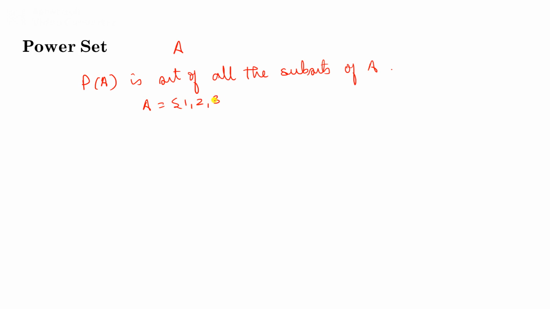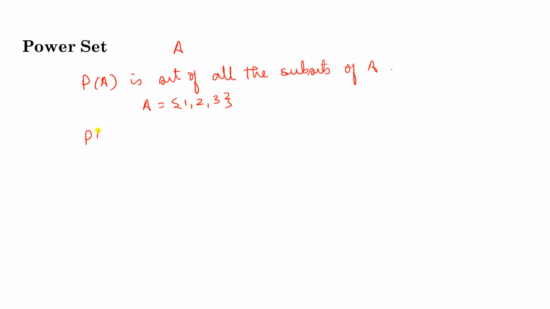Now power set. Suppose we have a set A. Power set of A is the set of all the subsets of A. So for example, suppose A equals {1, 2, 3}.